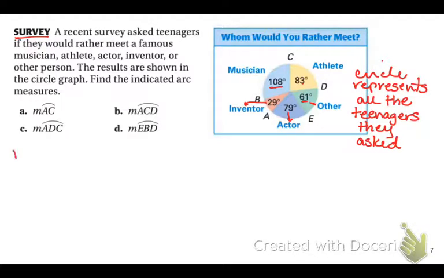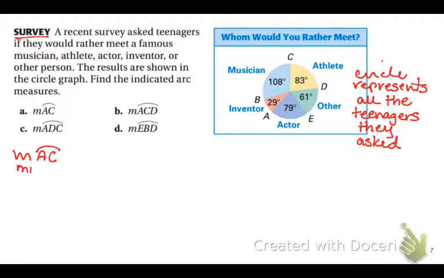Let's look at the measure of arc AC. I'm going to erase some of this stuff. Now, decision point. The measure of AC, what kind of arc is that? Is it major or minor?